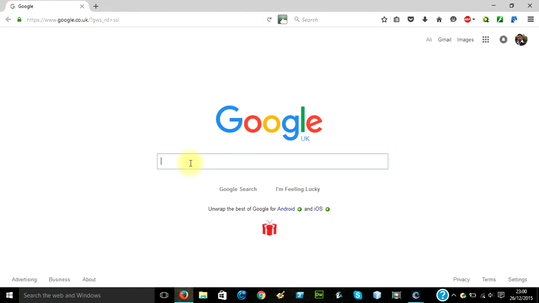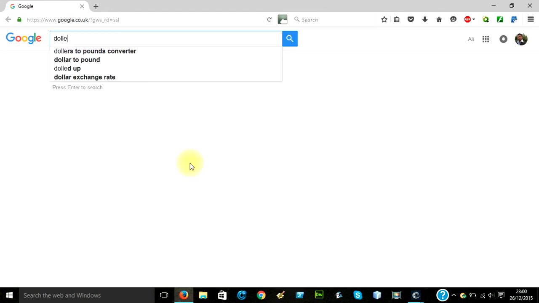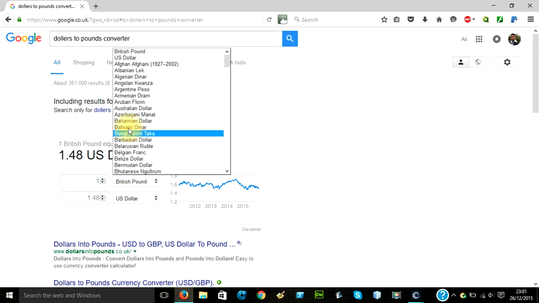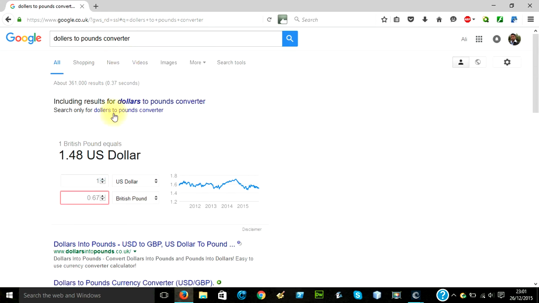It's loaded. If we search dollars to pound converter, you can see 1 British pound equals 1.48 US dollars. Now from the list, 1 US dollar equals 0.67 British pounds. So we know today's rate is $1 equals 0.67 British pounds.